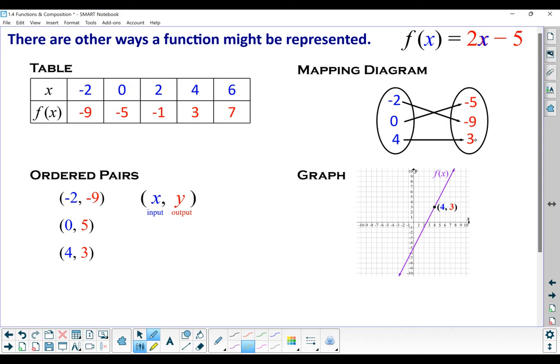We could have a mapping diagram that shows which input goes to which output, or we could have a graph that represents that function. So this function is a line, and you can see the shape of that graph there on the graph. Probably we won't use a lot of mapping diagrams this year, but tables and graphs are commonly used in math.